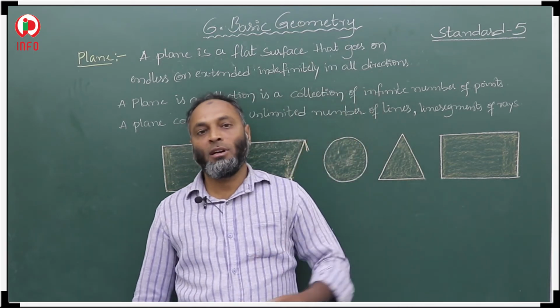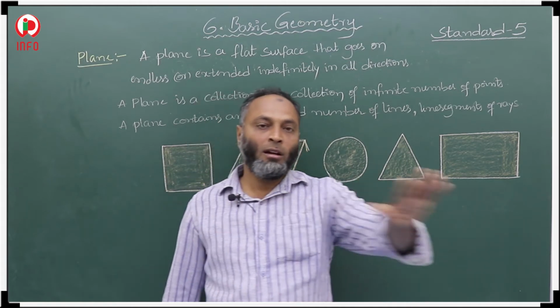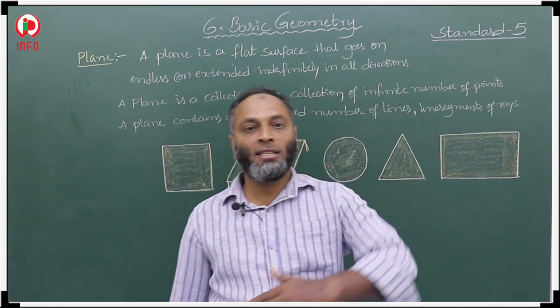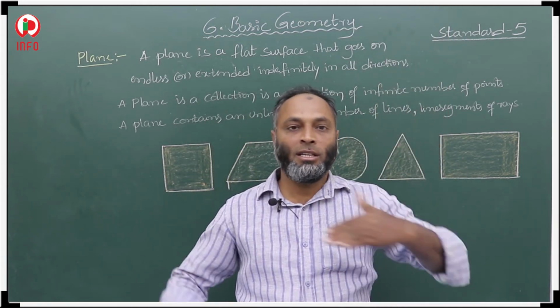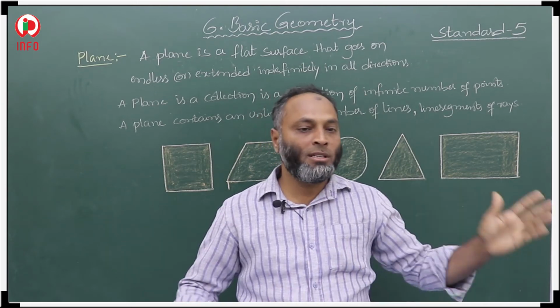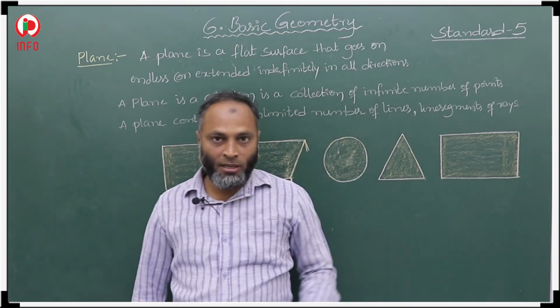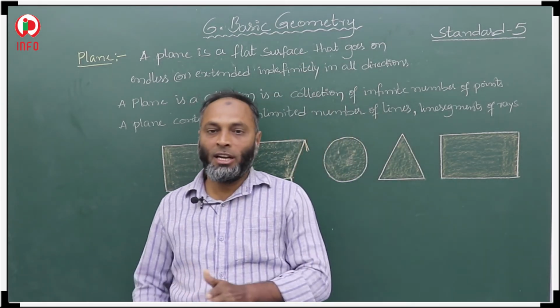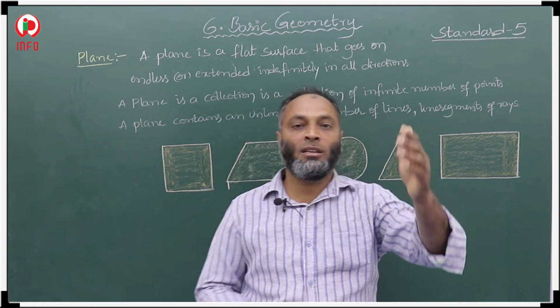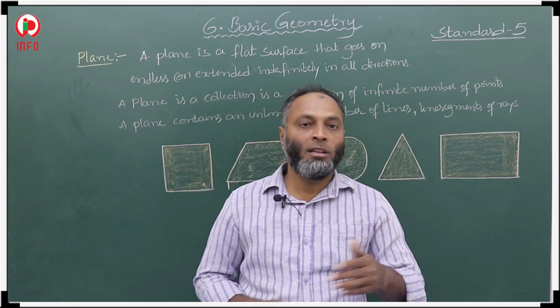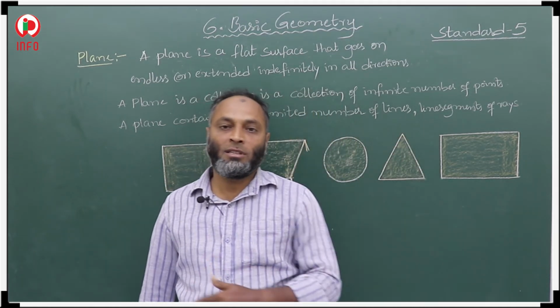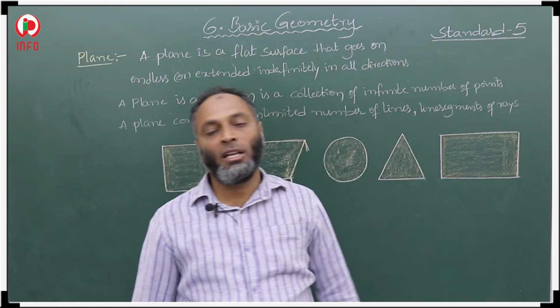For example, the Earth has a flat surface area that moves endlessly in all directions: south, north, east, west, southeast, southwest, northeast, northwest. Earth's surface is a flat surface area.